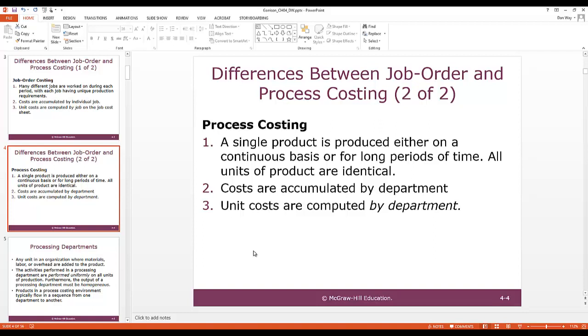None of those are any different. Things like paint would also be falling under that category, or gallons of paint that you see at Lowe's and Home Depot. Those are made under sort of process costing systems. All of our costs in process costing systems are accumulated by department rather than individual jobs, and then typically we do calculate unit costs by department as well.